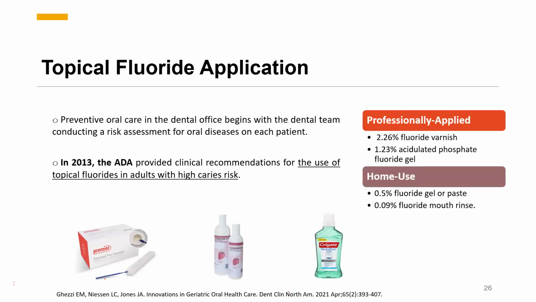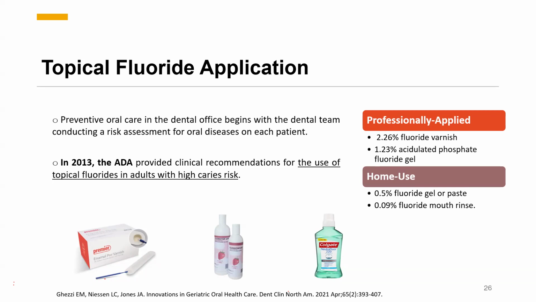Now, preventive oral care usually begins with the risk assessment of oral disease in each patient. In 2013, the ADA recommended the use of topical fluoride in older adults with a high caries risk. And the topical fluoride can be applied professionally in the clinic or at home by the patient or by the caregiver.